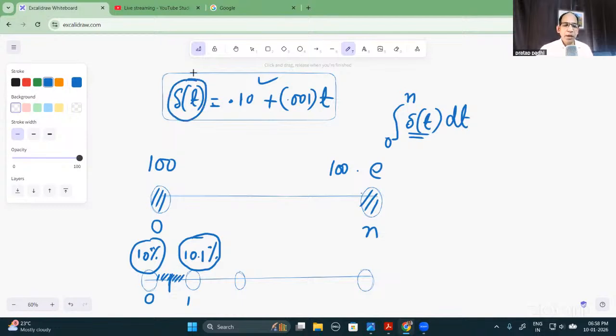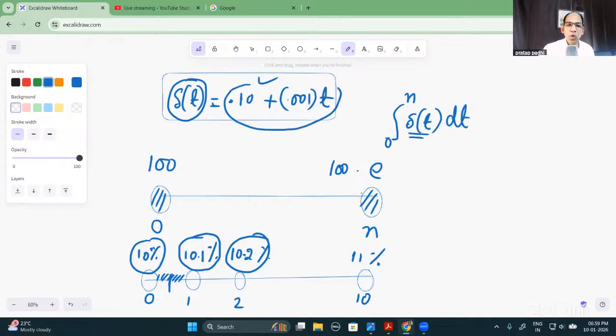At 2, your interest rate applied is 10.2%. It's exactly like you are driving, right? If you take t equal to 10, you multiply 10 by 0.001, that is 0.01, that is 1%, so it will be 11% this way. If I write minus here, your interest rate is decreasing from time to time. Roughly I can say how a deposit will grow without using any mathematical formula.